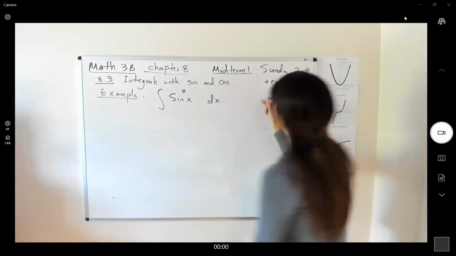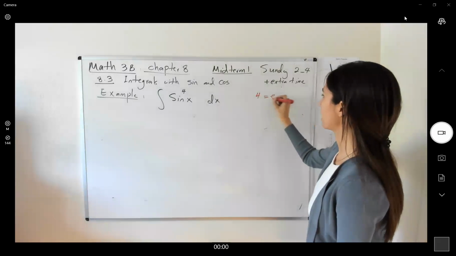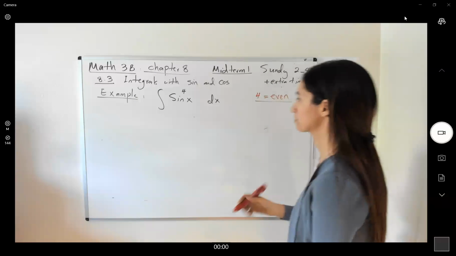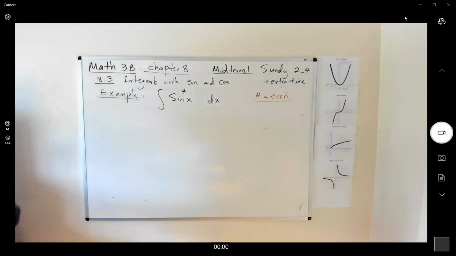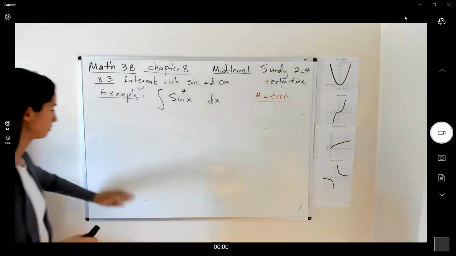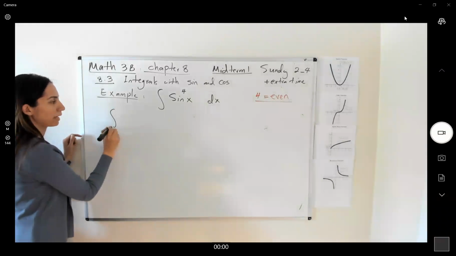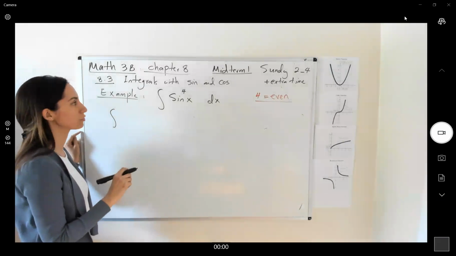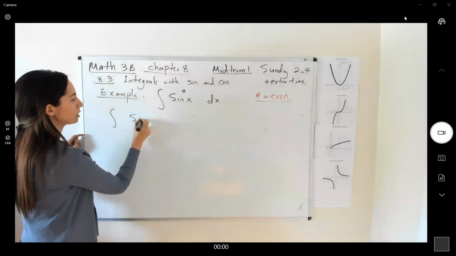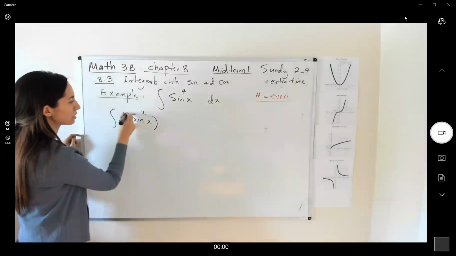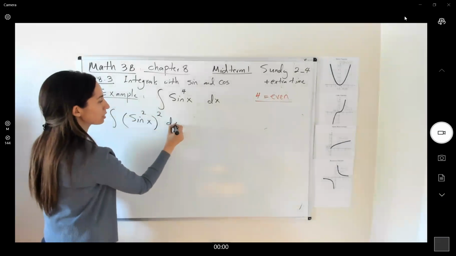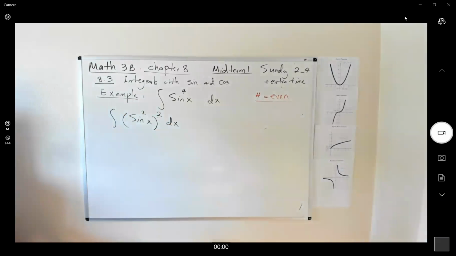And the exponent 4 is an even exponent. Very good. In this case, we are getting back to pre-calculus through functions. This is sine squared of x raised to the second power dx.